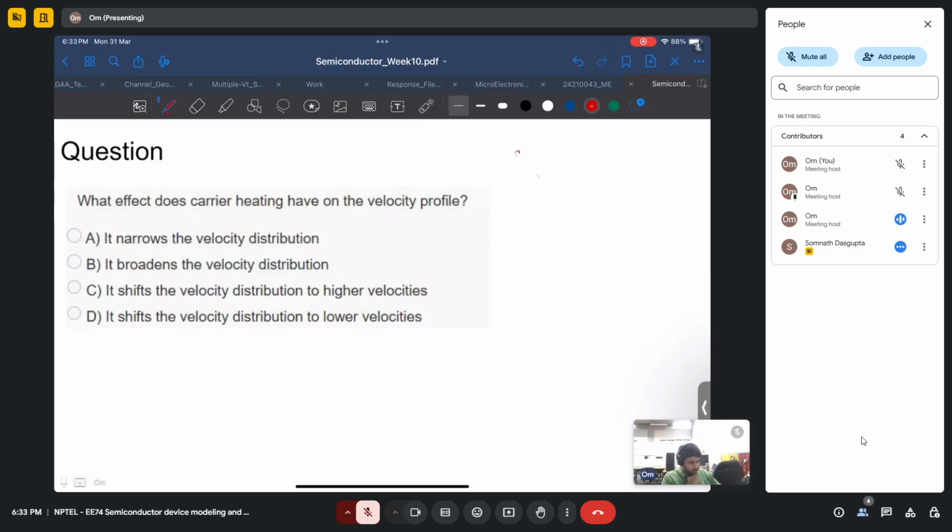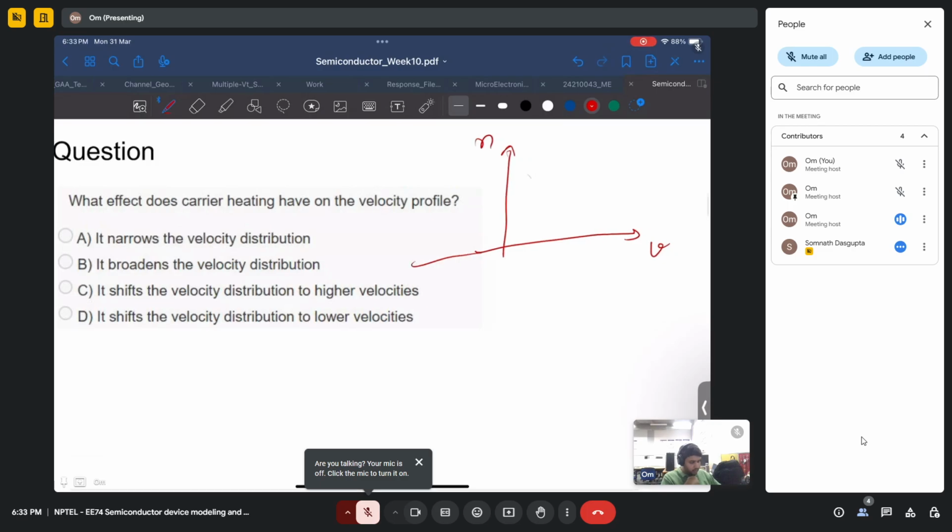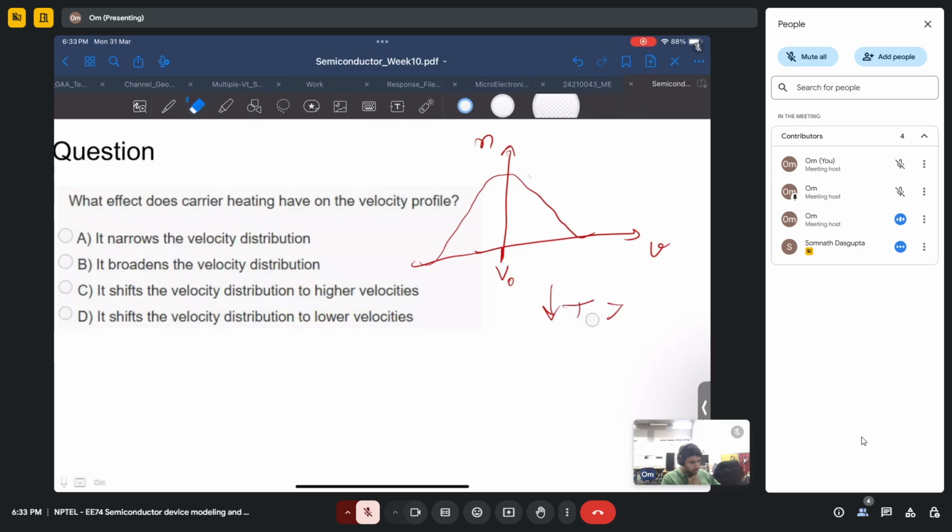So let's say this is the velocity distribution. Let's say this is the number of carriers and this is the velocity. Initially, let's say you have some profile like this. Let's say this velocity is V0. Now you change your temperature, or carriers are heated, to some higher temperature, let's say T greater than T0.